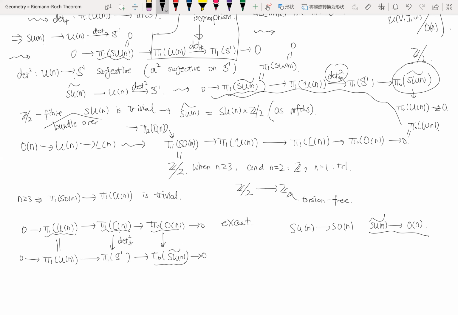And we can inverse the arrow because it is an isomorphism. We can inverse the arrow and we get this is an isomorphism and this is an isomorphism. So the five lemma tells us that determinant star square is an isomorphism.